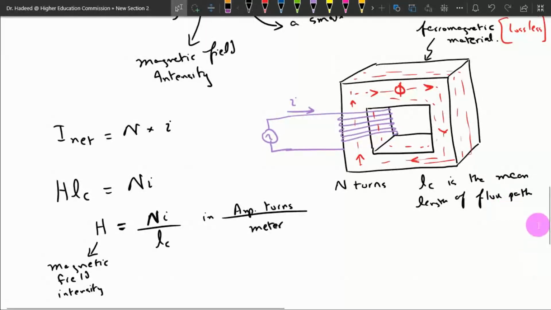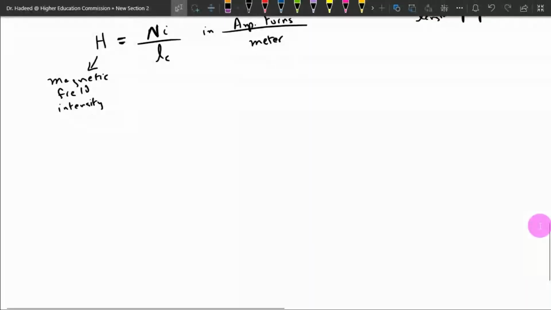Because of this magnetic field intensity H, we do know that the magnetic field density B is equal to mu into H, right? So this B is the magnetic field density.